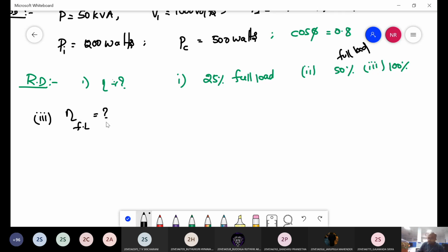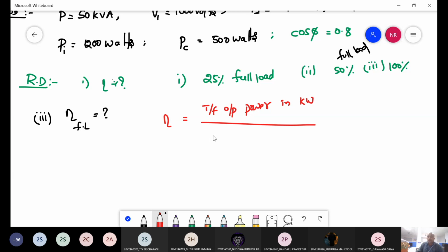So here efficiency is equal, simple formula, efficiency is equal to transformer output power in kW divided by input power in kW.